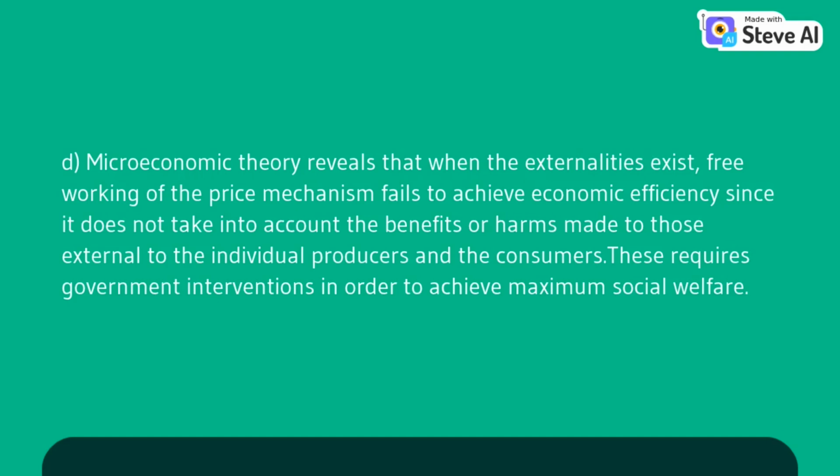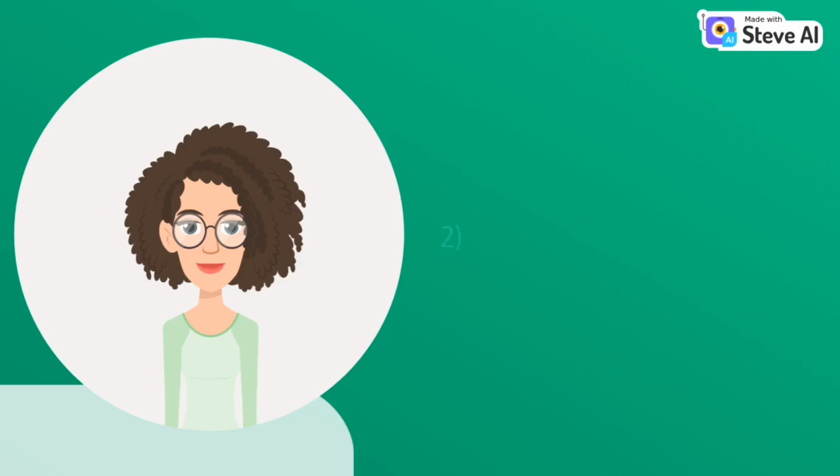D. Microeconomic theory reveals that when externalities exist, free working of the price mechanism fails to achieve economic efficiency since it does not take into account the benefits or harms made to those external to the individual producers and consumers. These require government intervention in order to achieve maximum social welfare.